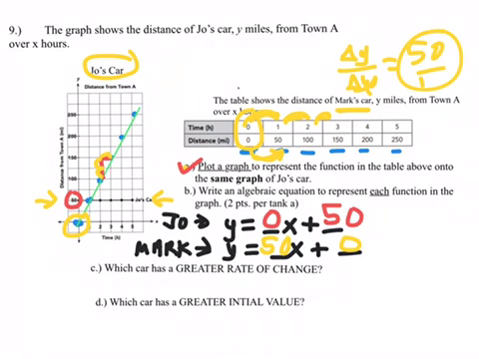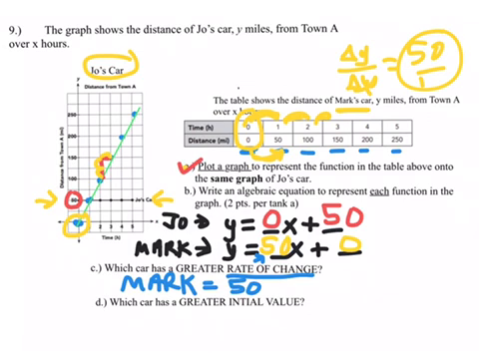Part C, which car has the greater rate of change? Well, the rate of change is the same as the slope, so that's right here above it. And that's going to be Mark's car, because his rate of change is 50, where Joe's car is not even moving at all. No rate of change.